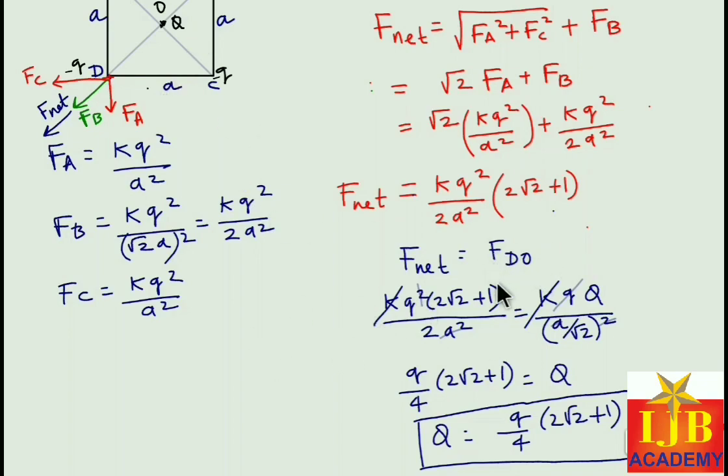F net I know, I found it in the previous equation. So I am substituting the value of F net and FDO. I have to write Coulomb's force formula for FDO. So K, which is 1 by 4 pi epsilon naught, and one charge is minus Q, because it's an attracting force. I am considering that minus as direction.